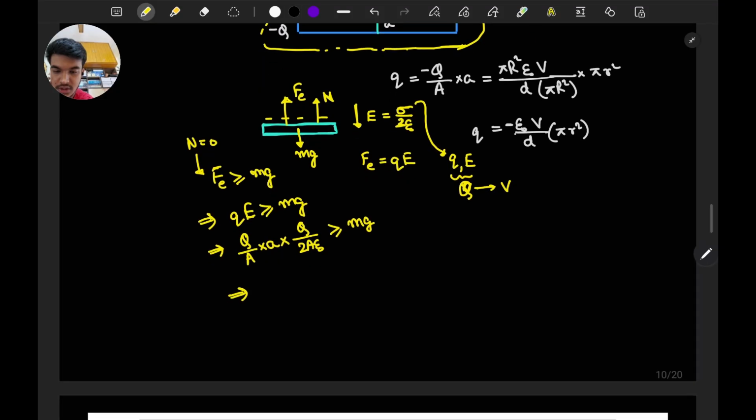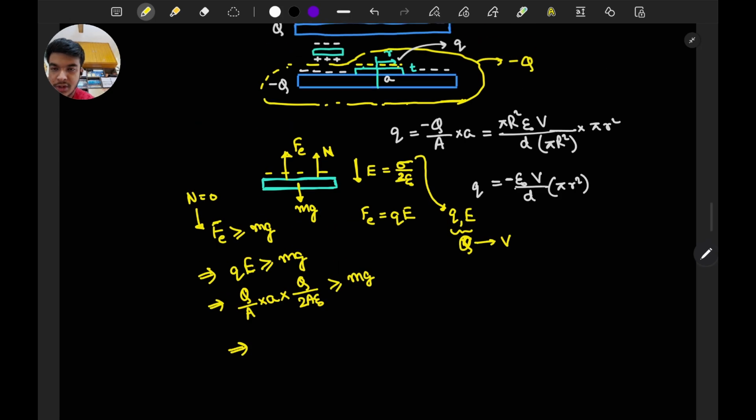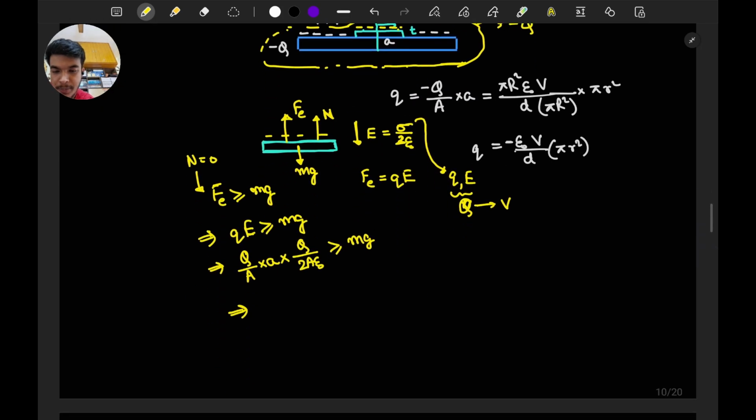This has to be greater than mg. So what we can do here simply is, my Q was pi capital R square epsilon naught V by d. So my Q by A is V by d epsilon naught.